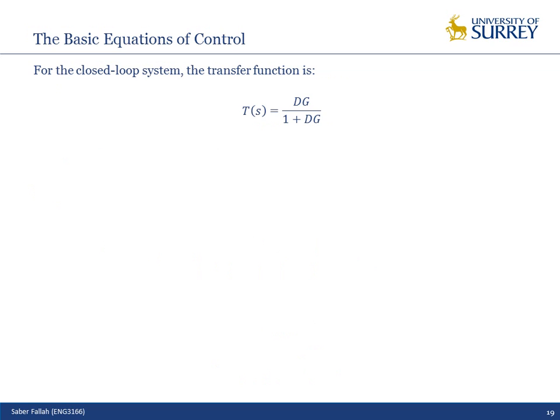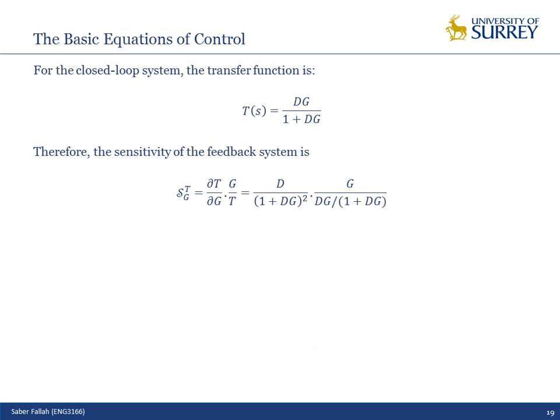How about the closed loop system? For the closed loop system, I have T(s) equal to dG over 1 plus dG. Again, I want to calculate the sensitivity of the transfer function. Usually we show the sensitivity as the sensitivity of T against parameter G, or transfer function G. It will be dT over dG multiplied by G over T. If you calculate dT over dG, I will have d over (1 plus dG) squared multiplied by G over dG over 1 plus dG.